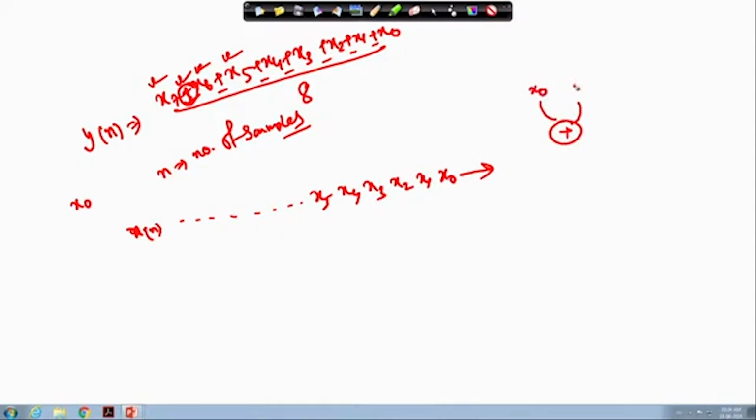Initially it will be x0, x1, then at the next time x2, x3, then x4, x5, x6, x7. If I add them like this, can I get the result? Yes, I can.